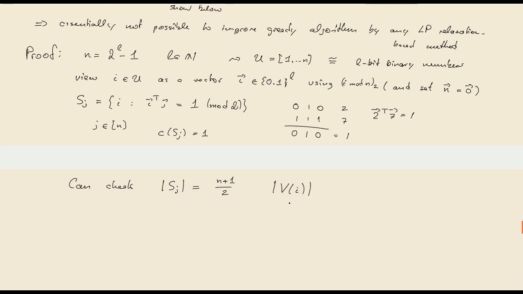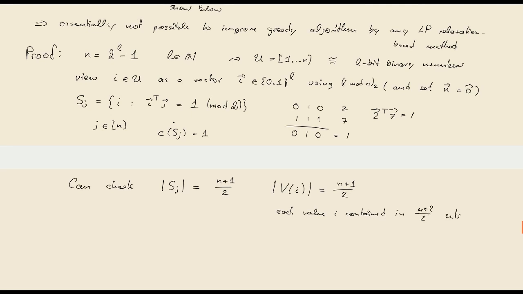The V again, that's the number of sets. So V is the sets that contain I, and their number is the same. It's also (n+1)/2. So each value I is contained in (n+1)/2 sets.